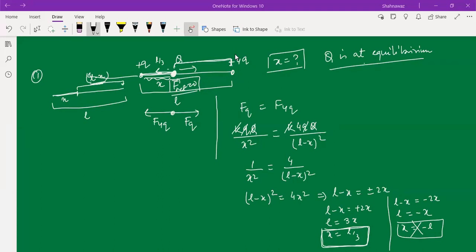Yes, so Rabia didn't do this problem, right? Aisha, yes, this is the same question, right? But Rabia didn't do this problem. So, Rabia, did you do this problem in your CBSE course? No, sir.